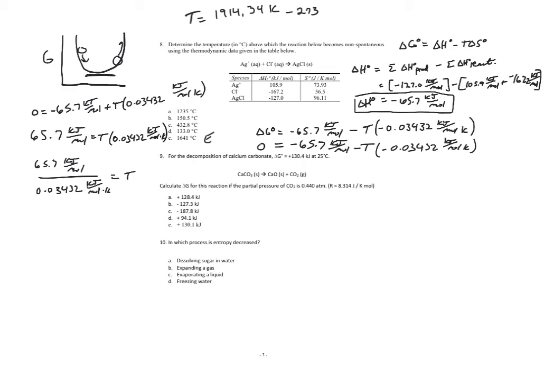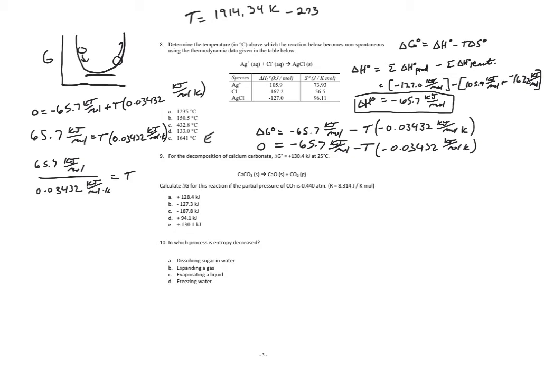All right, our next question has a slightly different wording. And so what we'll see is that this takes a slightly different equation to solve. So we have a decomposition of calcium carbonate. Notice you're given a delta G naught, or a standard Gibbs free energy value, of plus 130.4 kilojoules at 25 degrees Celsius.